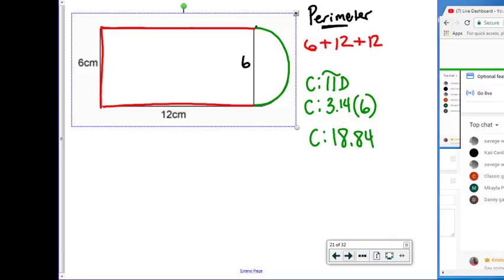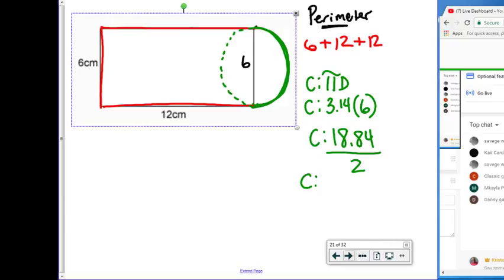And so many of you all want to say, great, I'm going to add 6, 12, 12, and 18.84. You would be wrong. That would be a complete circle. So it would include the area inside there. This is a half circle. I can't stress that enough. So I need to take my circumference and take half of that.